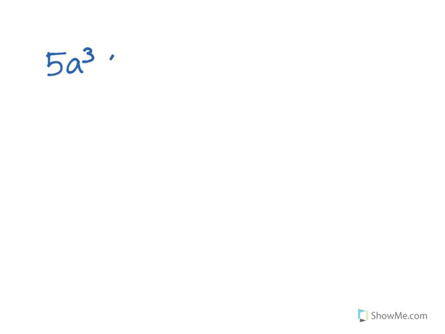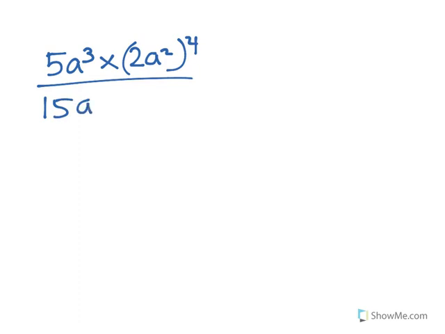Now, I want to do a couple of questions where we do what you did yesterday, where you have all the different indices, but we're going to do it on a bigger expression, just on this one here. So simplifying that, you just take it step by step.